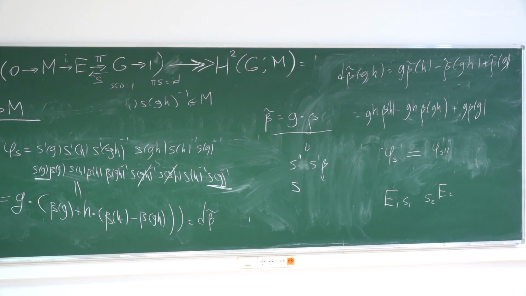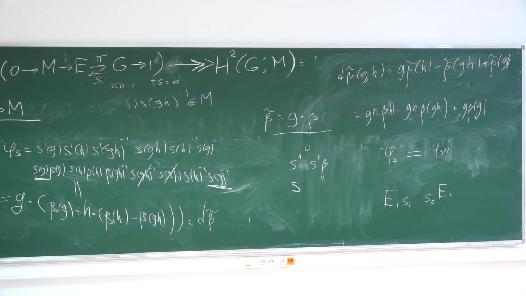I didn't notice this moment, but if you want to prove that this is inverse, we need to take two arbitrary homological classes. We have two extensions. What are you trying to do?